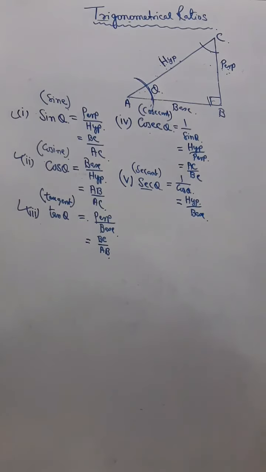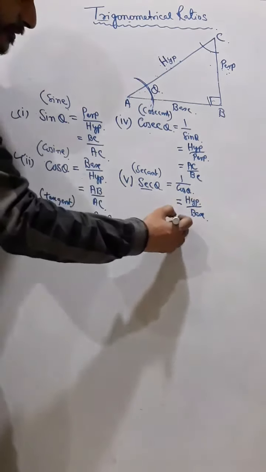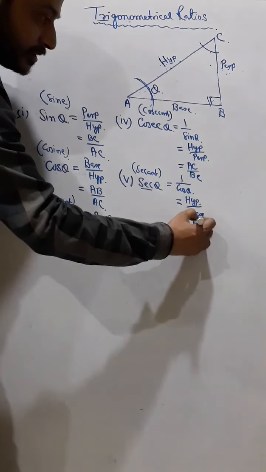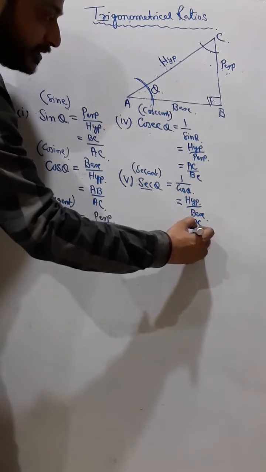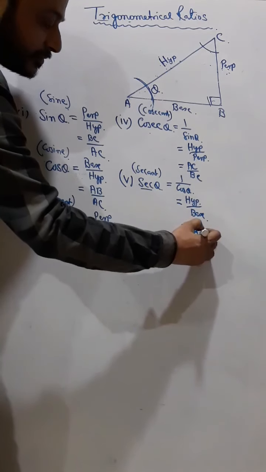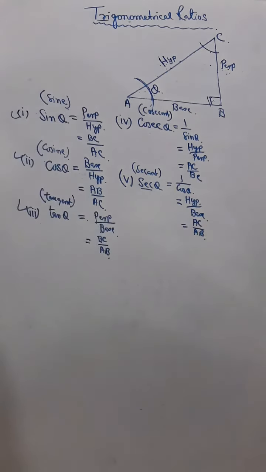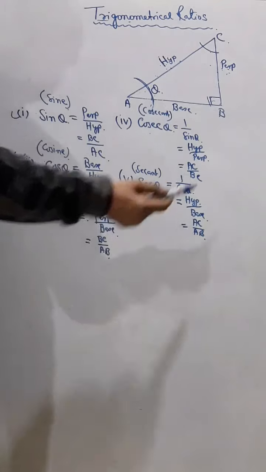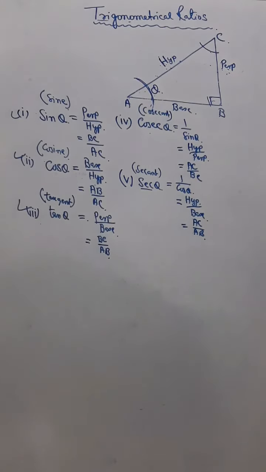So according to this figure it will be what? AC by AB. Okay, AC by AB. So you can understand cos theta is AB by AC, so sec theta becomes AC by AB, the reciprocal of that.